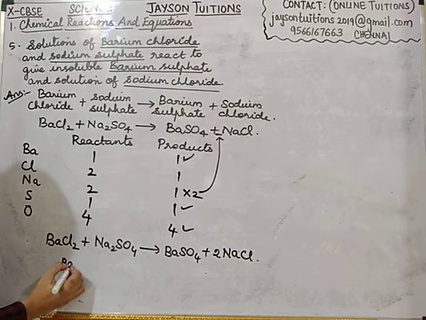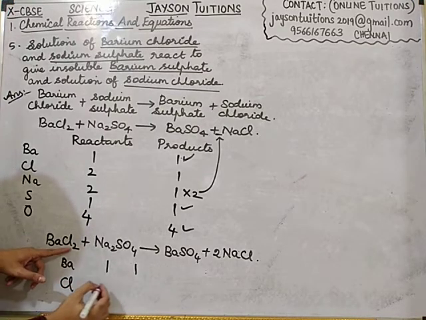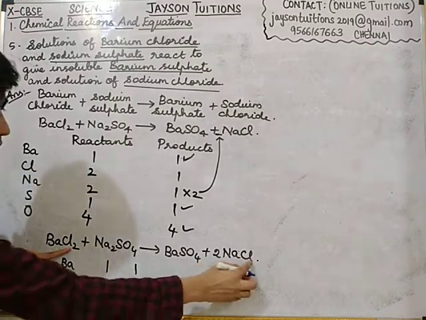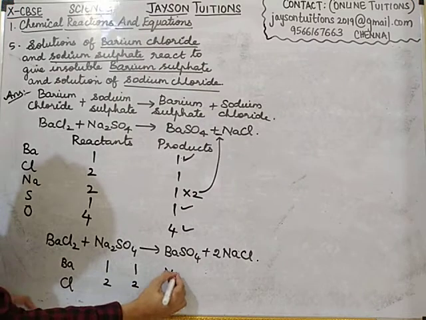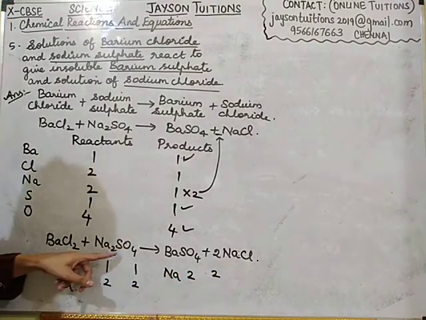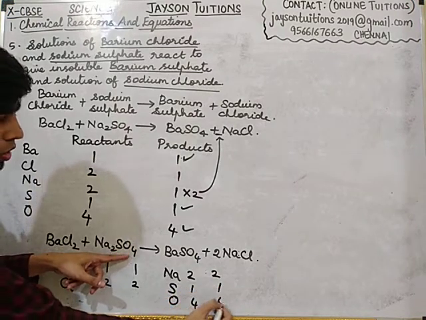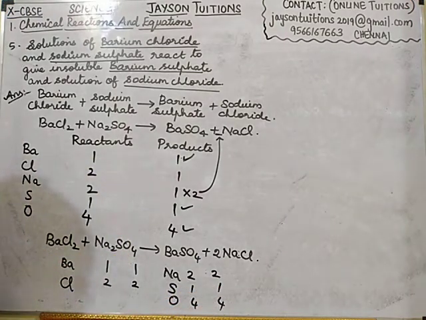Now we will check barium. Here it is 1. Here it is 1. Chlorine, here it is 2. Here 2 ones are 2. Sodium, here it is 2. Here 2 ones are 2. Sulfur, here it is 1. Here it is 1. Oxygen, 4, 4. So the equation is balanced in a single step itself.